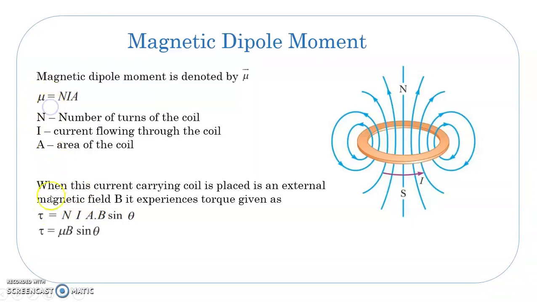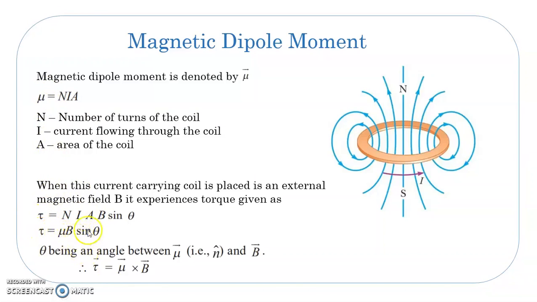So we get torque = mu B sin theta, where theta is the angle between mu bar and B bar. Using the definition of cross product, we can write tau bar = mu bar cross B bar. So this is the formula for torque experienced by a current carrying coil having magnetic moment mu bar, placed in an external magnetic field B bar.